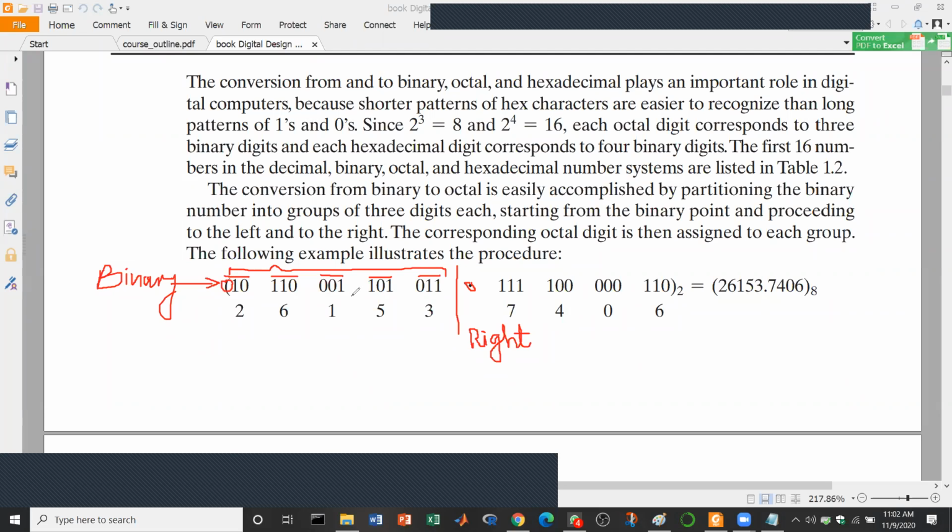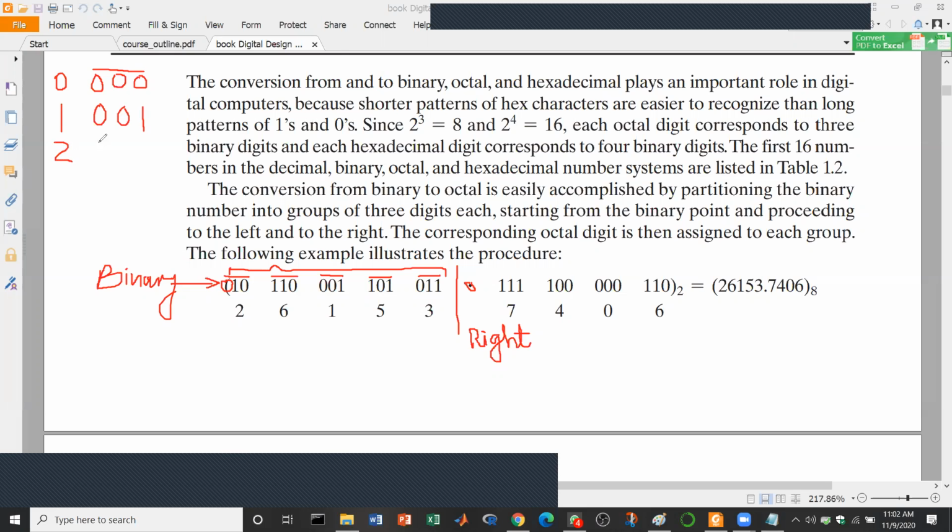Then we consult a lookup table, which I write here: 0 corresponds to 000. In binary we write in a group of 3, and 1 we write 001, which is the binary version of this one.